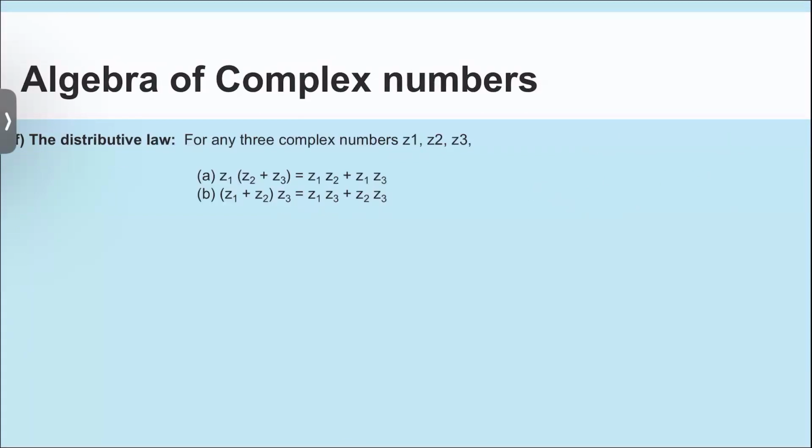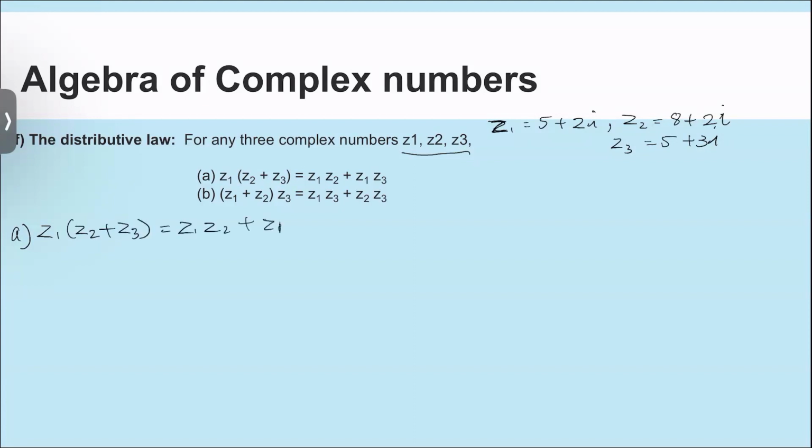Now let's see another law, that is the distributive law. If you have three complex numbers, we will take again the similar examples as we had taken before. z1 is 5 plus 2i, z2 is equal to 8 plus 2i, then z3 we are taking as 5 plus 3i. We will first solve the statement z1 times (z2 plus z3).